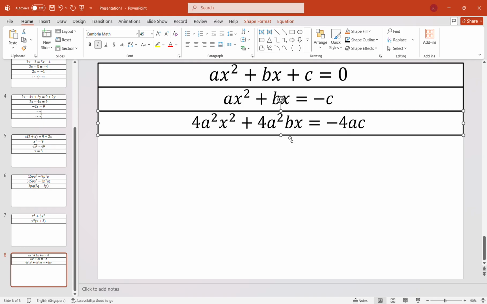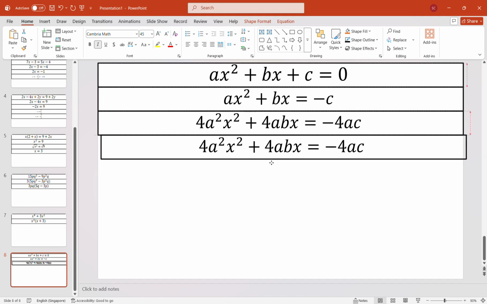Wait, I feel like I'm missing something here. Oh right, I forgot. We multiply by 4a, not 4. Oh yeah, that's correct.